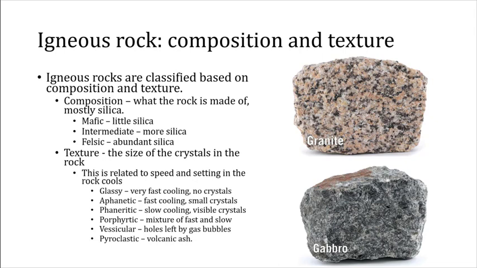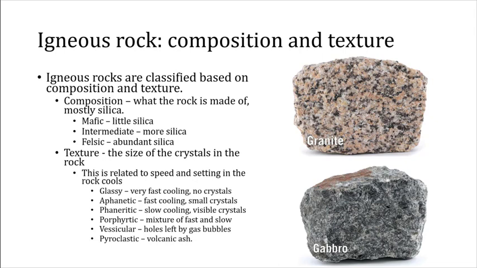Now remember from our mineral lecture that silicon and oxygen make that silicon oxygen tetrahedron, and they make the silicate minerals, which recall we also called the rock forming minerals, right? And so when we look at igneous rocks, most of the minerals that we're looking at are silicate minerals. In fact, all of the minerals that you're looking at are silicate minerals of one kind or another.